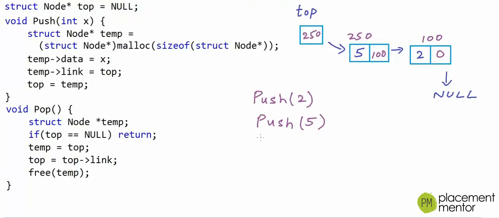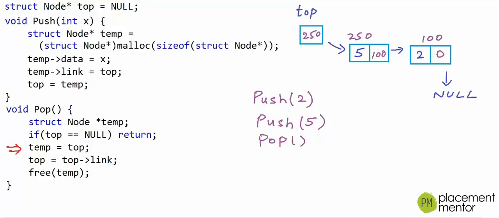Let's say for this example, I'm making a call to the pop function. We can check whether the stack is empty or not by checking whether top is null or not. If top is null, stack is empty. In this case, we can throw some error and return. For this example here, stack is not empty. We have 2 integers in the stack.